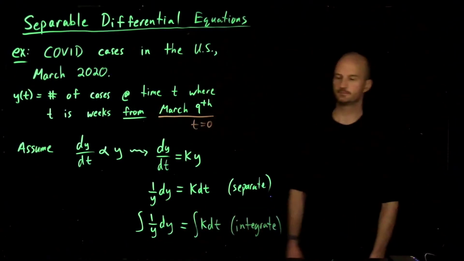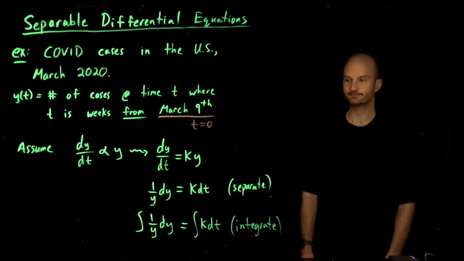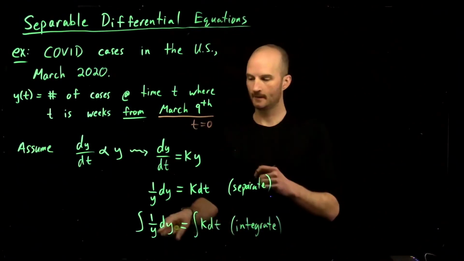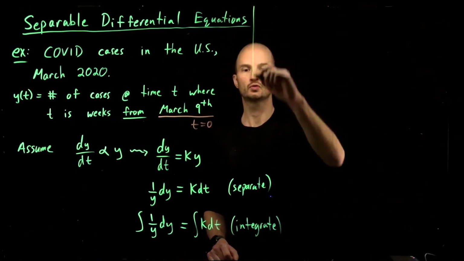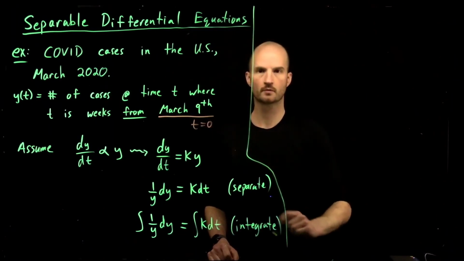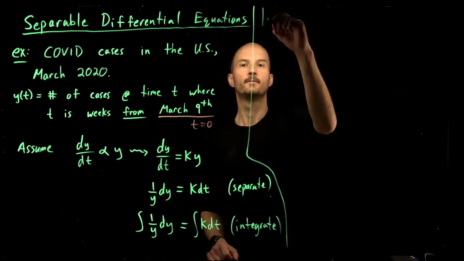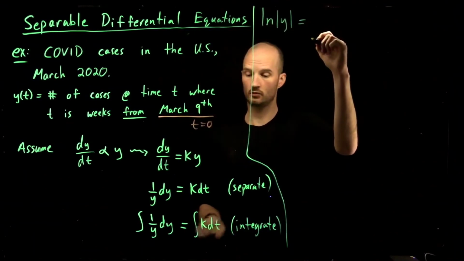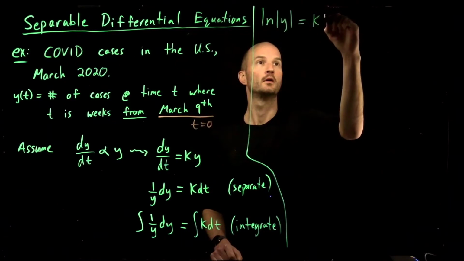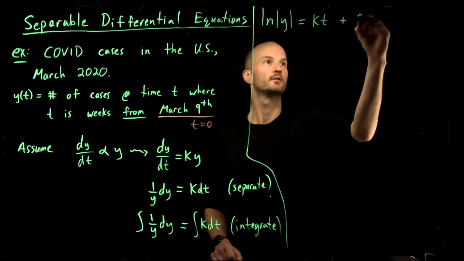So separate, integrate. Now we'll perform the integration. Here I get ln of absolute value of y is equal to, what do I get here? kt plus a constant.